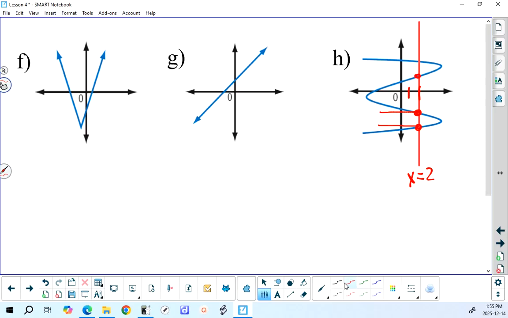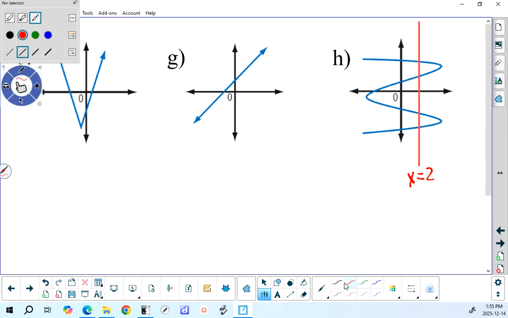There's one here with a different y coordinate. There's one here with a different y coordinate. The vertical line crosses this graph at this location in more than one place. And that means this is not a function because we're getting more than one y coordinate. So no to that test, not a function.